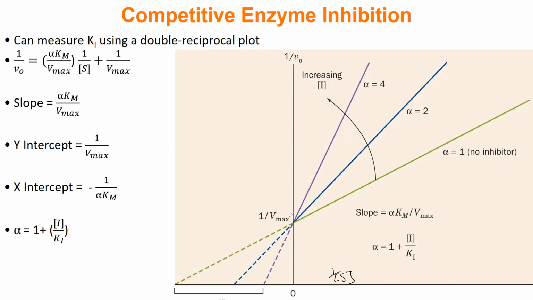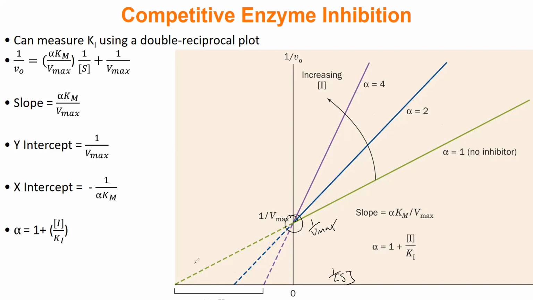And we said Vmax doesn't change. So remember, the y-intercept is 1 over Vmax. No matter what type of competitive inhibitor you have, Vmax doesn't change. So all your inhibitor lines will cross at the y-axis.